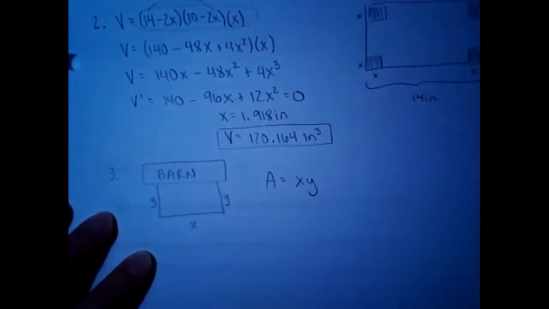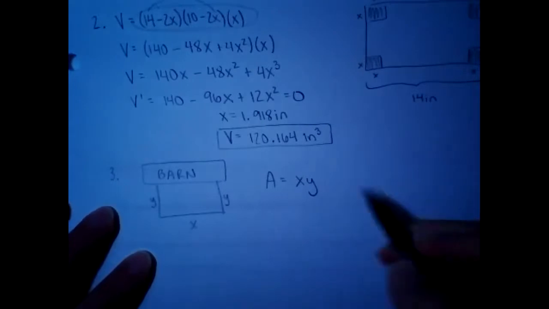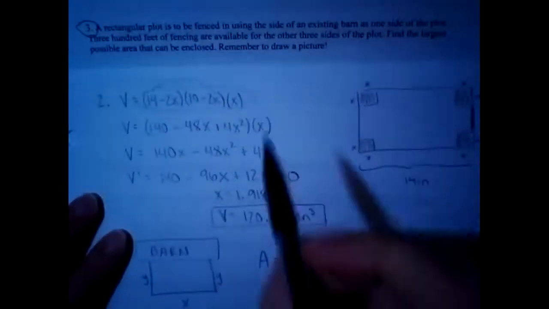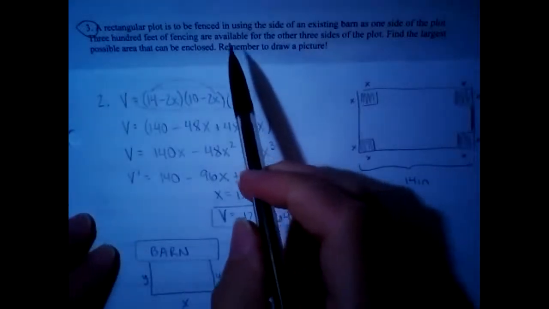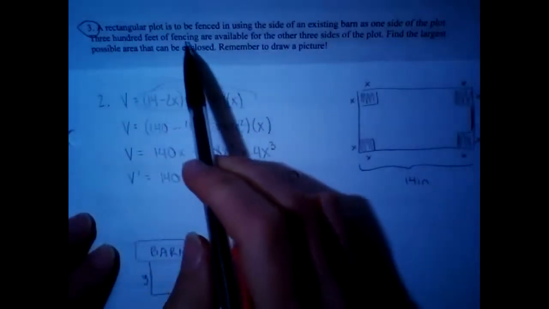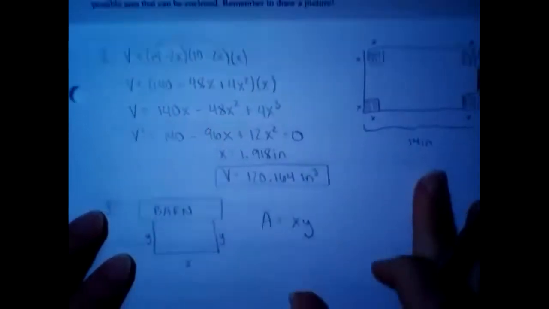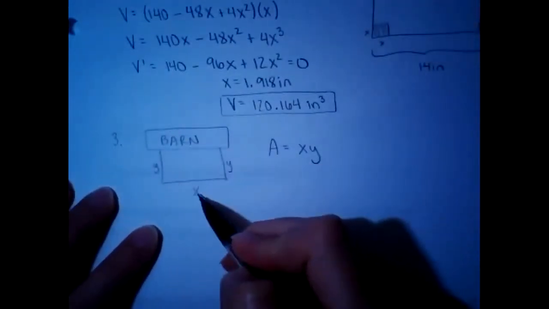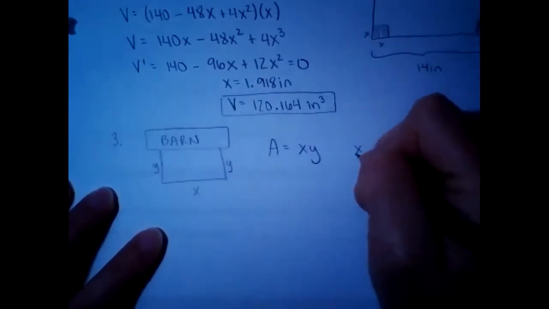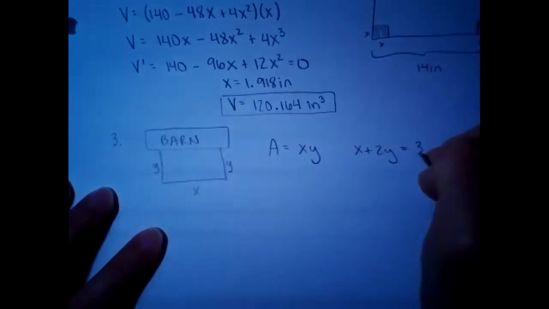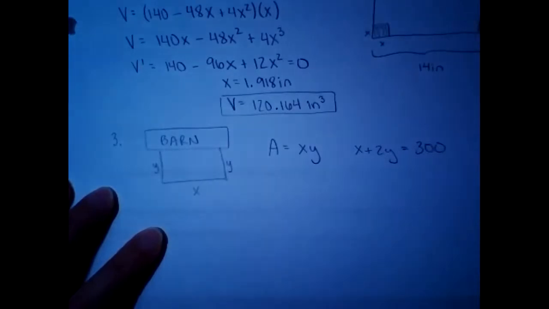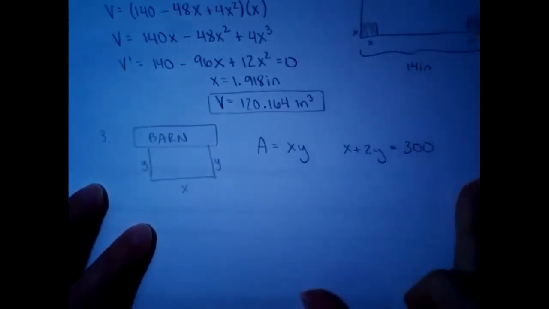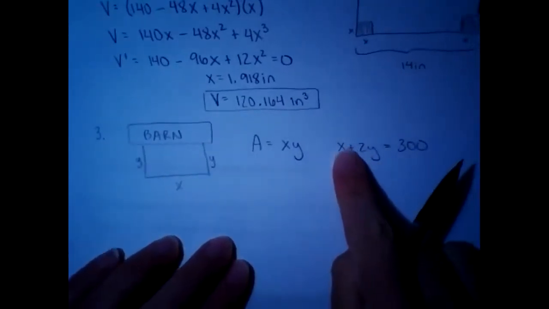And the issue is you have 2 variables. So I'm going to need to come up with another equation so I can substitute one of them out. So let's see. How much fence do we have? 300 feet of fencing are available. So if I add up these 3 sides, which will be x plus 2y, that's going to be 300. It's easier to solve for x here.